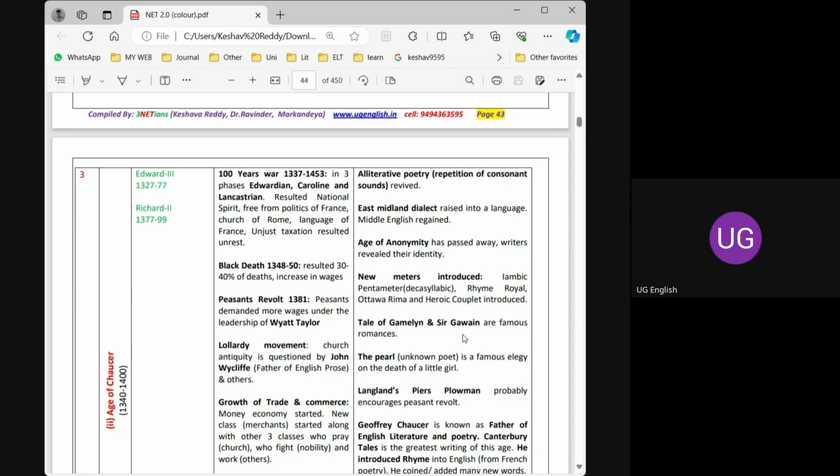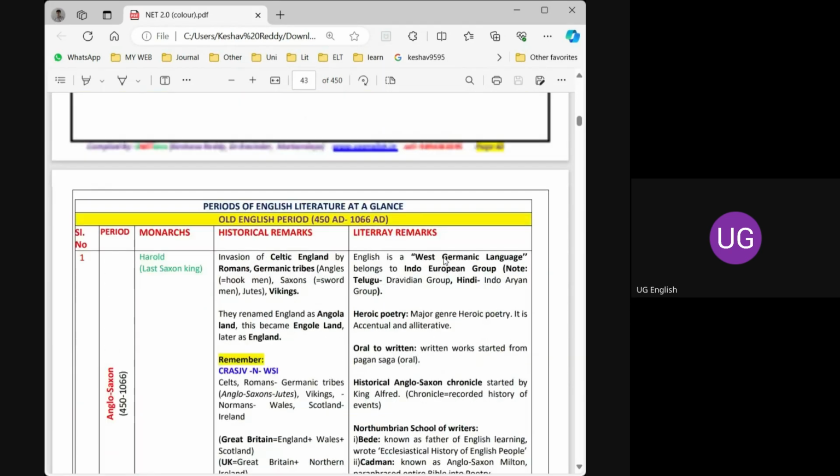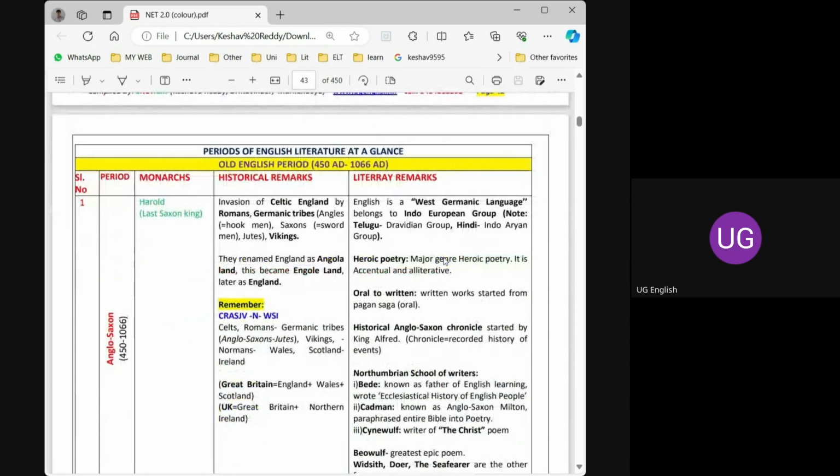Chaucer again introduced the old English style of writing, using the East Midland dialect. This is also a famous question in previous examinations. So if you master this table, you will get the entire historical events as well as the literary remarks: the changes from one age to another, and the connection from one author to another, and from one literary genre to other literary genres.